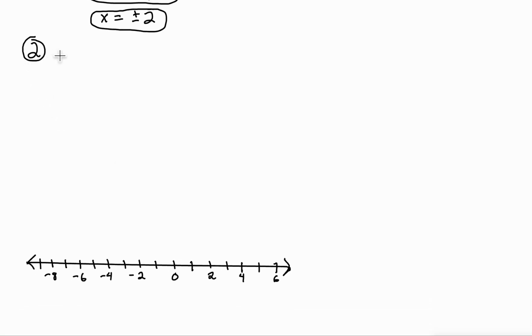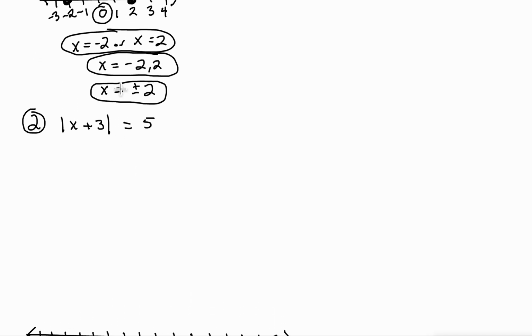Now when it gets more complicated, we have to think about it a little bit more. We can use our understanding of absolute value. So if we have the absolute value of x plus 3 equals 5, think about how we solved the one above.